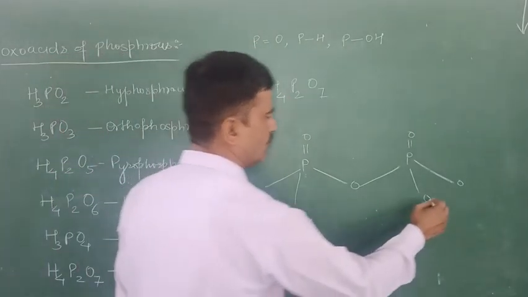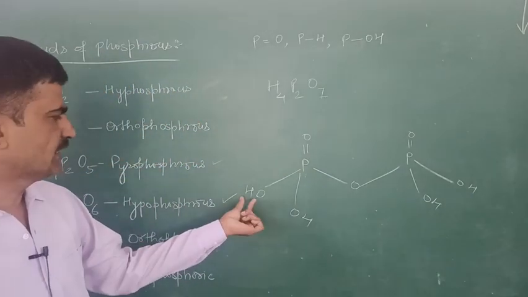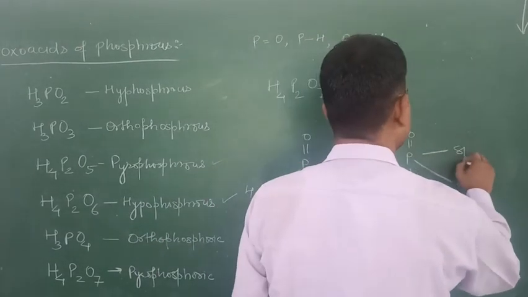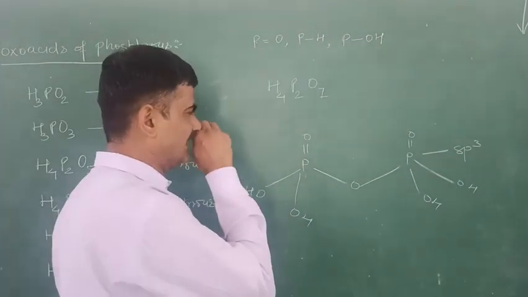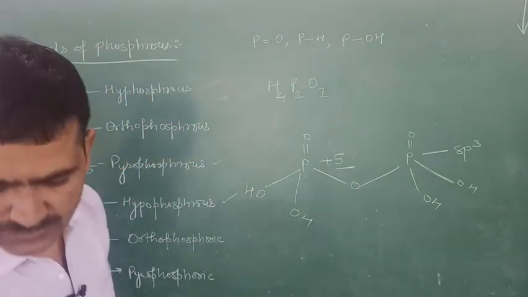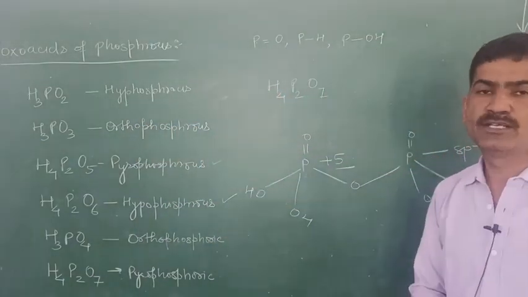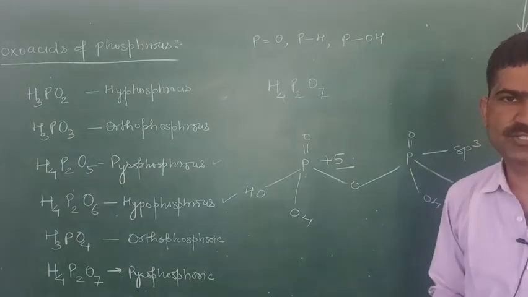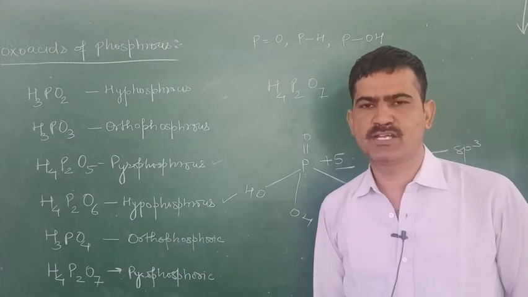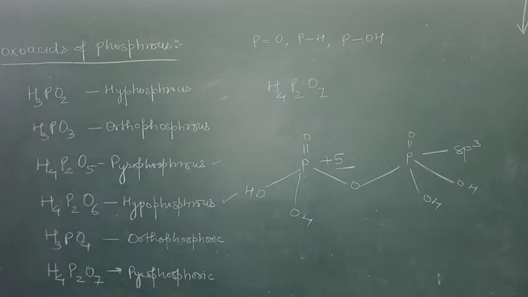It is a tetrabasic acid because it has 4 displaceable hydrogens, and it is sp3 hybridized. And what is the oxidation state of this phosphorus? It lies in the +5 oxidation state. Now students, such kinds of questions are asked from these phosphorus acids: what is their oxidation state, what are their structures, and whether they are reducing agents or not. Such questions are always asked from this topic, so prepare it carefully.